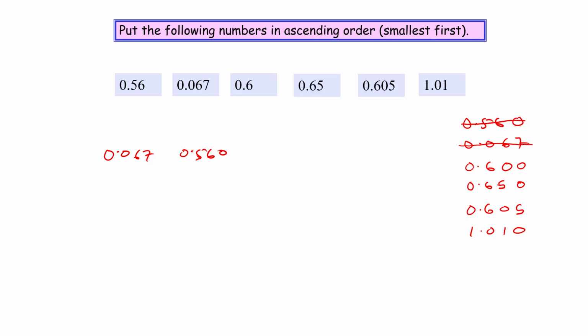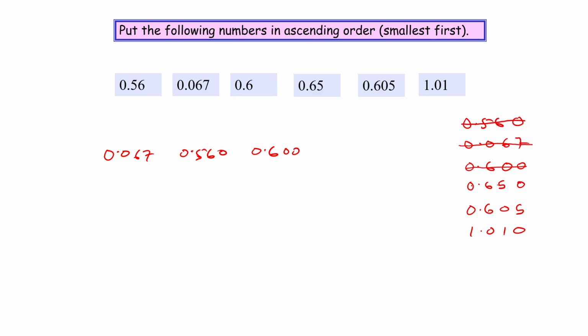Okay, now we've got 3 digits with a 6 in the tenths column. So we check the next column over. This has got a 5, so that's the largest one. The other two have got zeros in. So we check the thousandths column, and that's got a 0 in there. So that's going to be our next smallest number, 0.600.